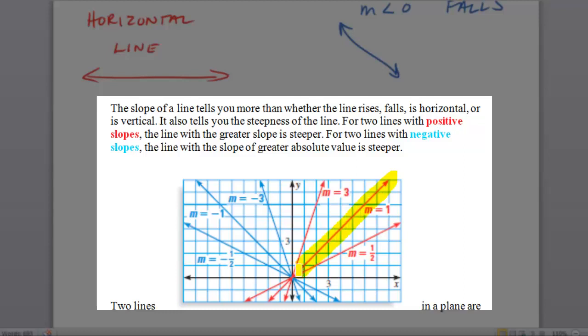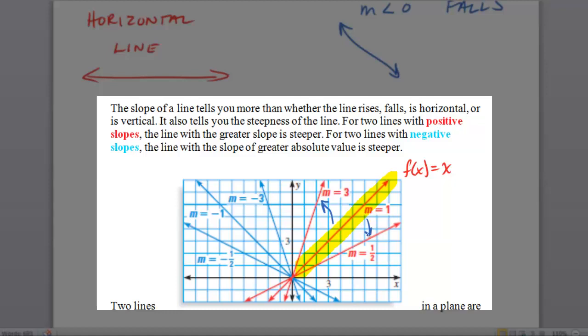You can see here this main line, and we recognize that this is actually f of x equals x. So that's our parent function for a line. And you can see that as the slope increases, this actually tends to get a little steeper, and of course as it decreases, it would get what we would consider a little flatter.